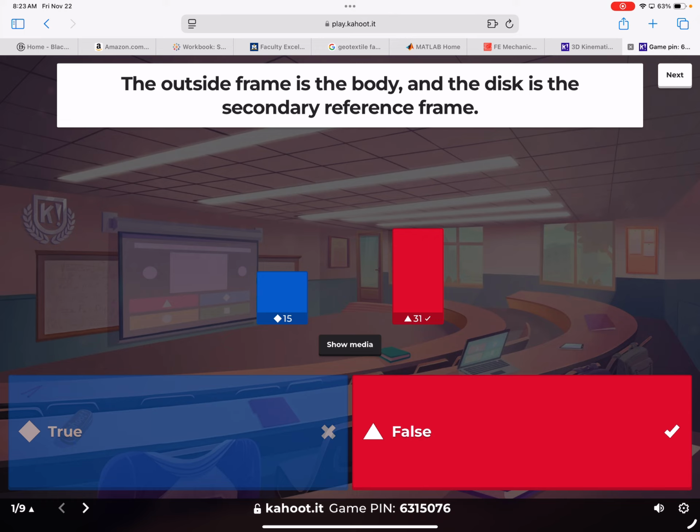But in that case, remember I said sometimes the body can be the thing that's inside the other thing that's rotating. So it's not rotating about it, it's rotating within it. The body is actually the disk that's on the inside, because it's the thing that's rotating within the other thing that's rotating, okay? All right.